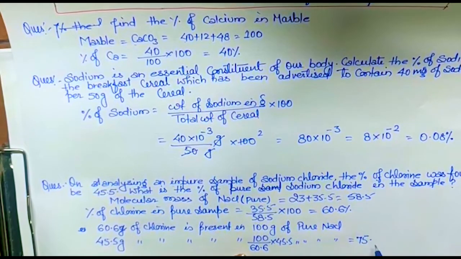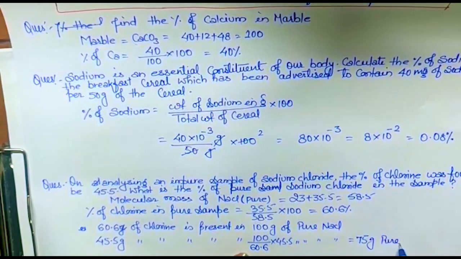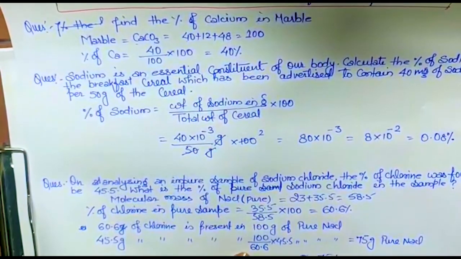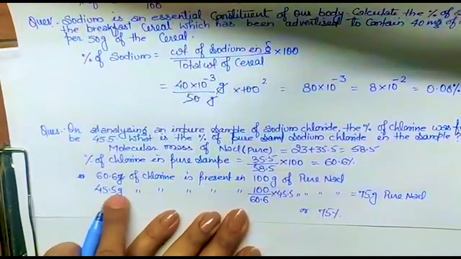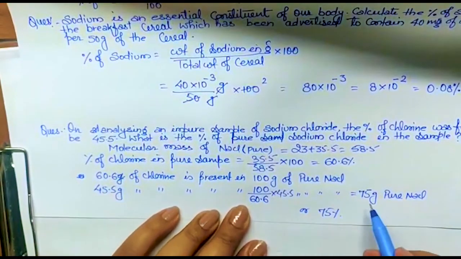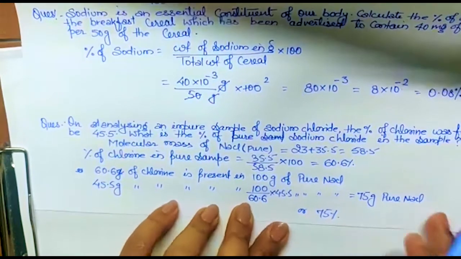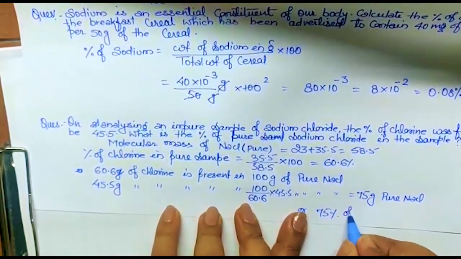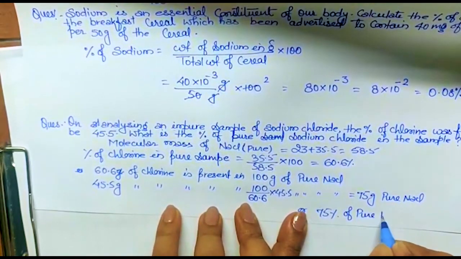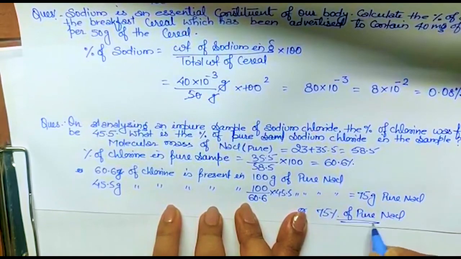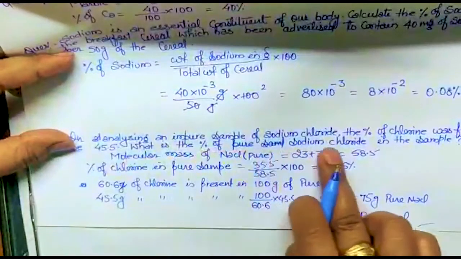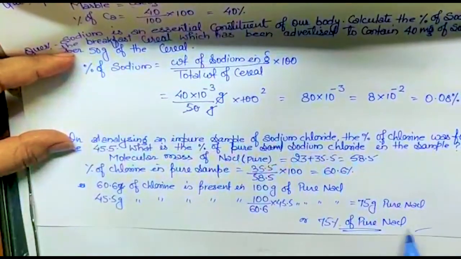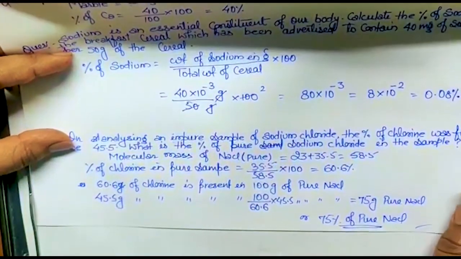Or we can write 75%, because we converted percentage into gram, so instead of gram we can write percentage. So 75% pure NaCl. The answer is this, isn't it? What is the percentage of pure sodium chloride in the sample? That is 75% pure. Got it?